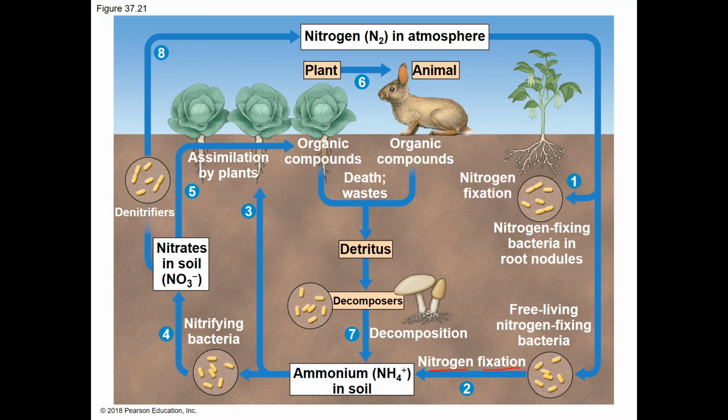And again, if you go into more advanced biology courses, you'll get really familiar with this nitrogen cycle. The reason this step is important is that those nitrates are much more easily assimilated by plants, which need these molecules to build things like amino acids and proteins.